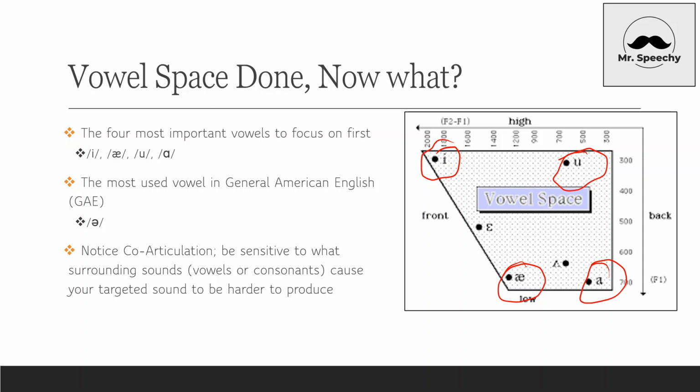Now, if your E sound is really far back, just extremely far back than usual or than average, then you want to focus on pushing this up. If your oo sound is low, if it's a little bit far forward than it should be, then you want to focus on bringing it back. For me, my ah sound was extremely low when I was practicing it.